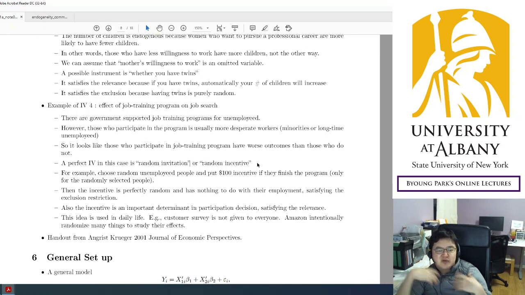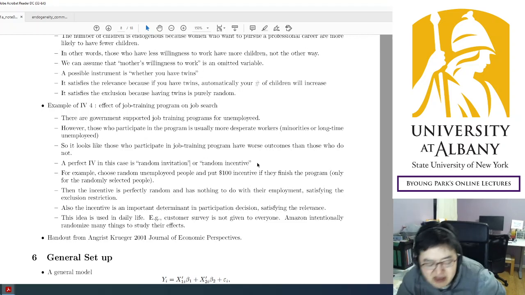Then after getting the offer, the unemployed person may not attend the program. Still, the random invitation or random incentive itself is a good enough instrument.